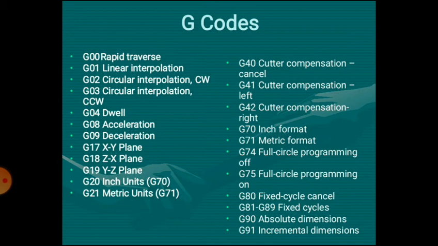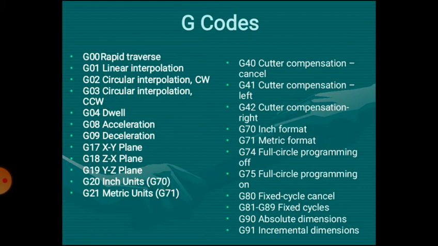In this, the tool travels along a straight line at a controlled feed rate. For this code, the machining operation is carried out, so the tool is moved at a controlled feed rate. That feed rate will be given, and at that rate the tool is moved from one point to another point and the machining operation is carried out.